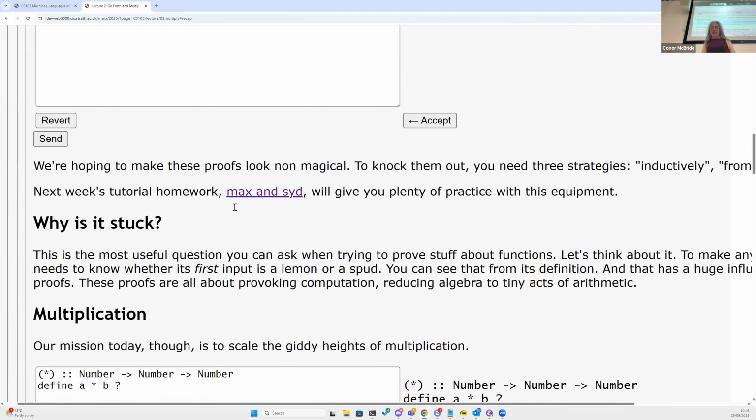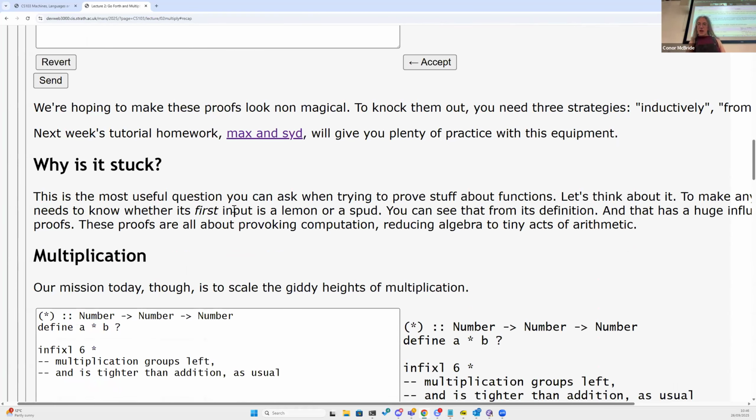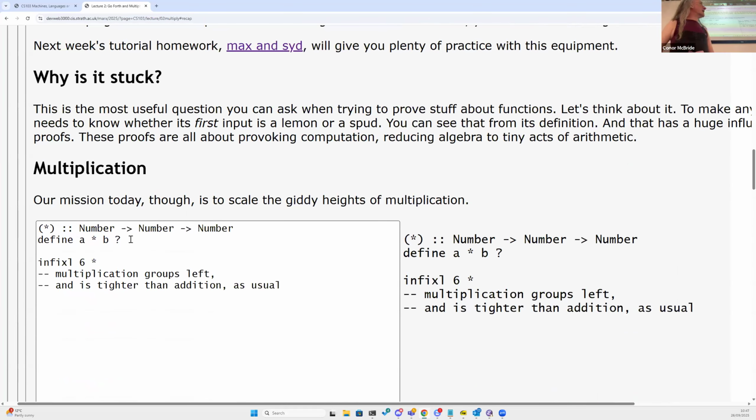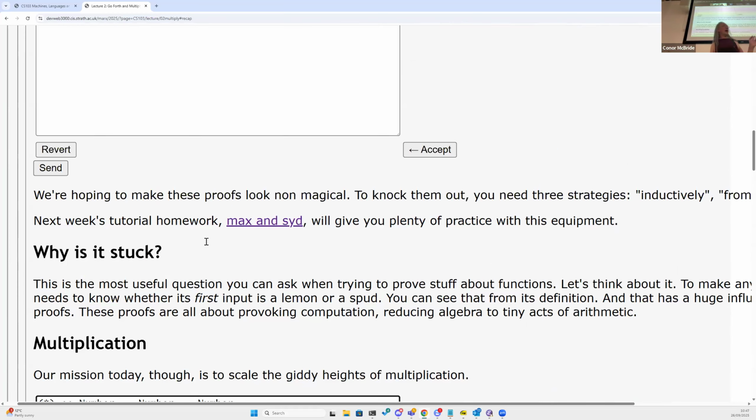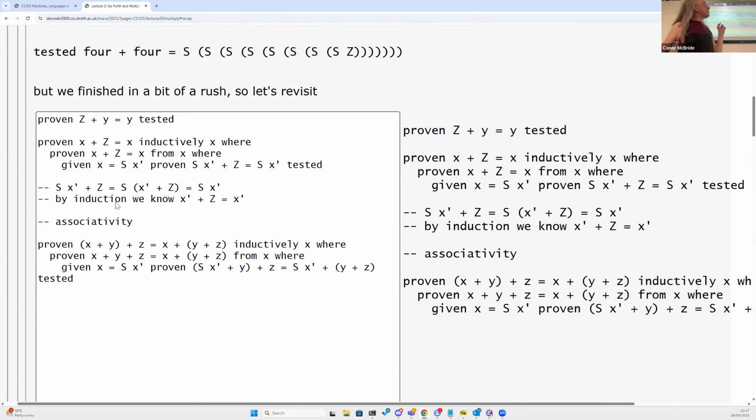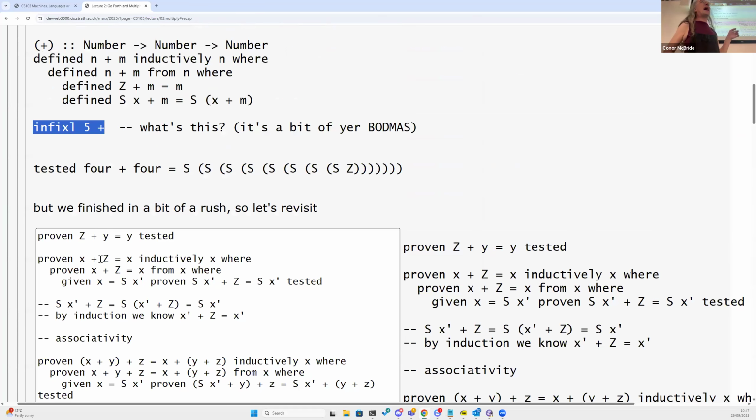So let's at least, we've got maybe 10 minutes left. Let's see if we can scale the giddy heights of at least defining multiplication, if not proving things about it. You can see further up, we said that plus associated to the left and had priority 5. And here we're saying that multiplication, so this infix L, the L means left.